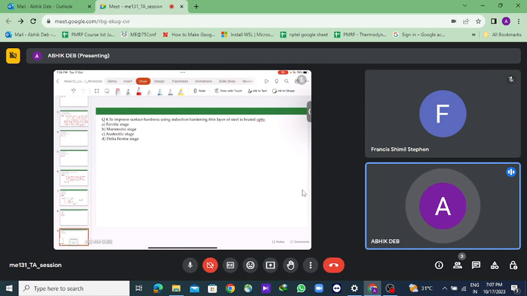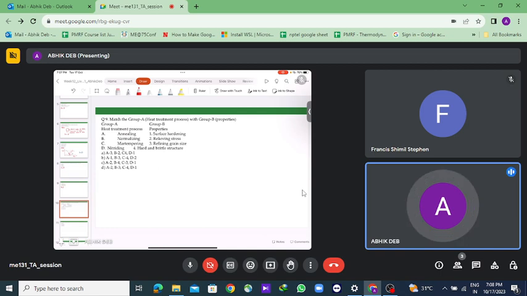Okay, now the next problem. We have to match these processes. So can you tell me, annealing is used for which of these?